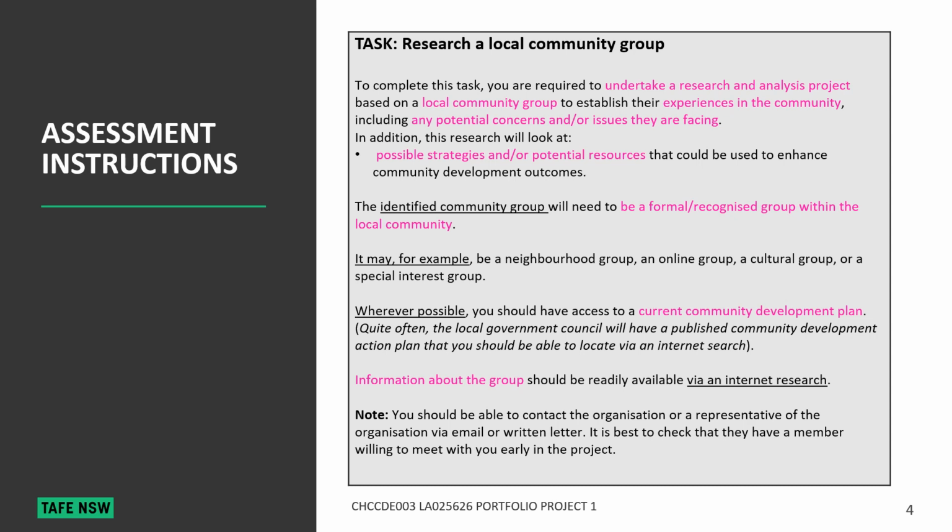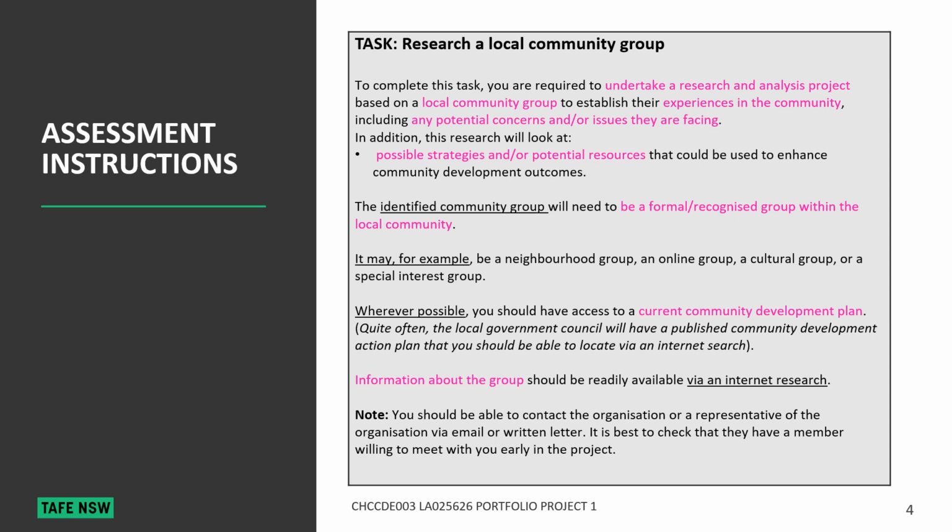You're also going to do some analysis about the information you find, and what you're going to be identifying is their issues, their needs, and then it says here, in addition, this research will look at possible strategies and or potential resources that could be used to enhance community development outcomes. So then considering what could be some strategies to address some of those issues.